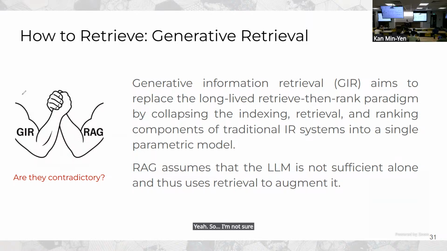I guess Haitao, do you have any answer to that? So I think this is still an open question, whether you will use RAG or increase your LLM. I think both could work. You should make a choice.